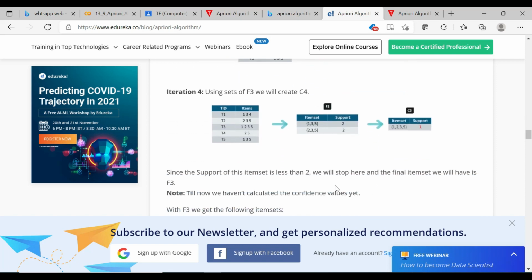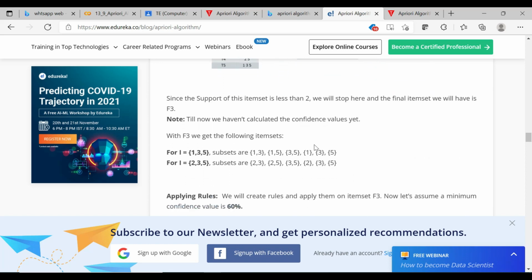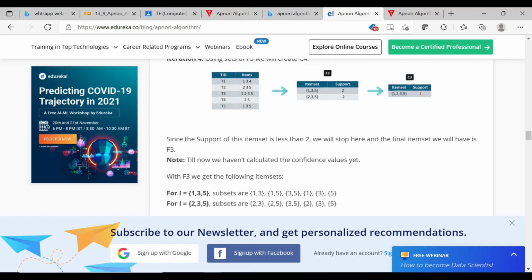Then iteration 4. Using the sets of F3, we will create C4. Since the support of this item set is less than 2, we will stop here. The final item set we will have is F3.